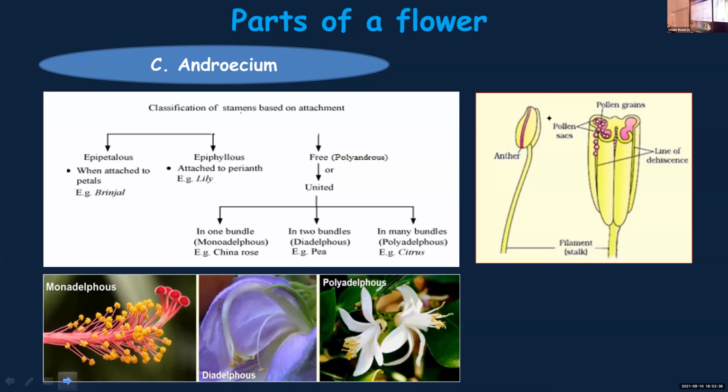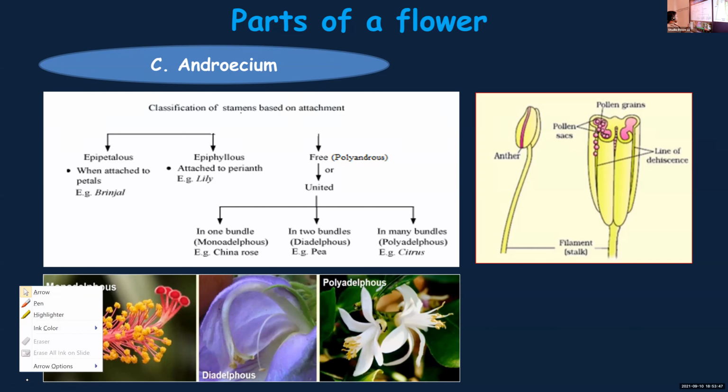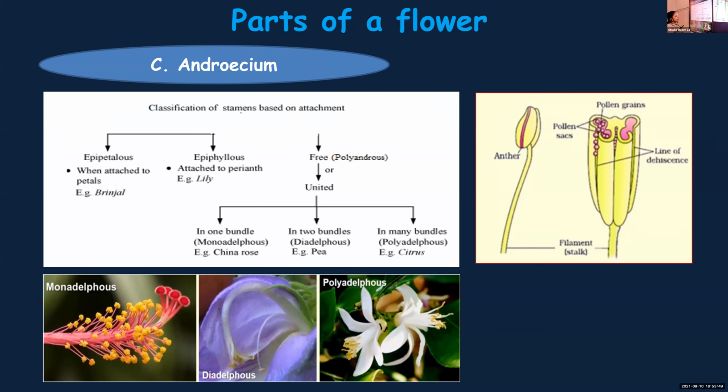Stamen has two parts, anther and filament. A lobed structure at the tip is present, which you call anther, and it is followed by a stalk-like structure, which you call filament.